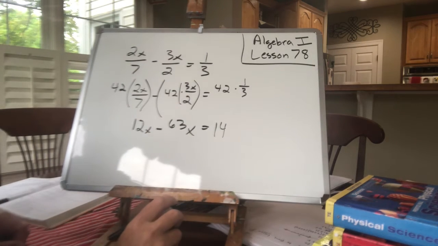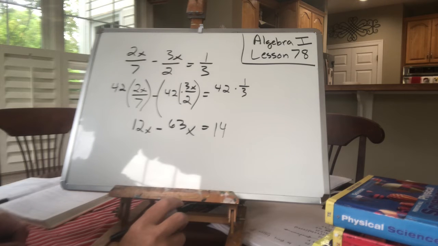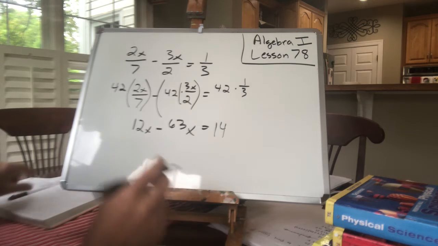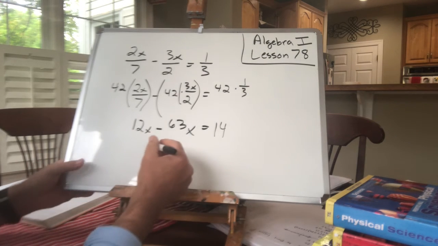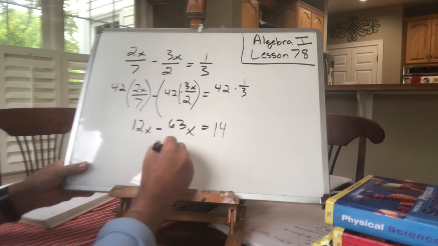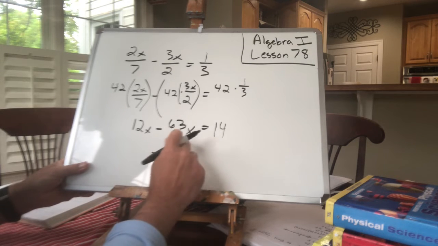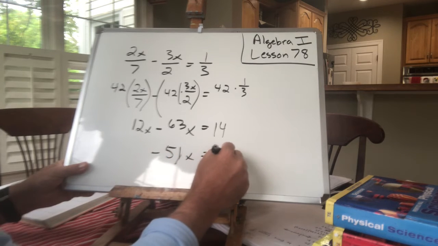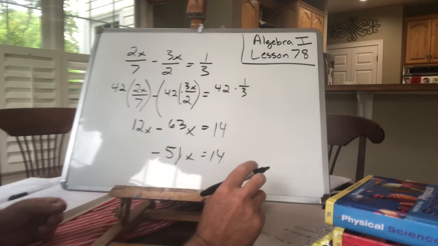Okay, so reducing down, now this is what I'm going to be solving for. 12x minus 63x is going to be minus 51x equals 14, right?